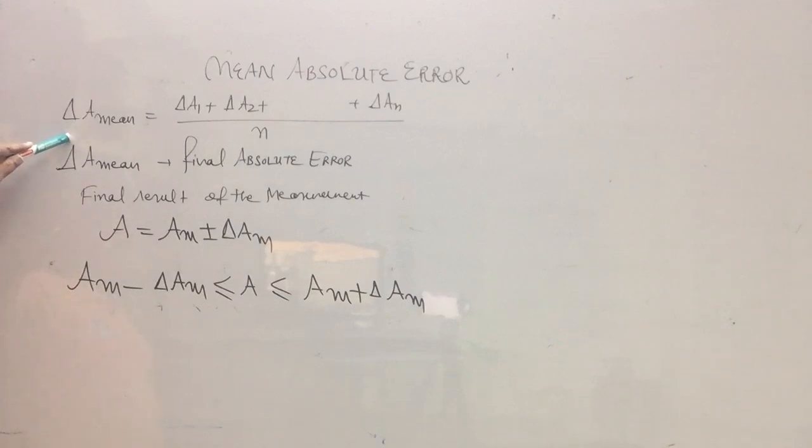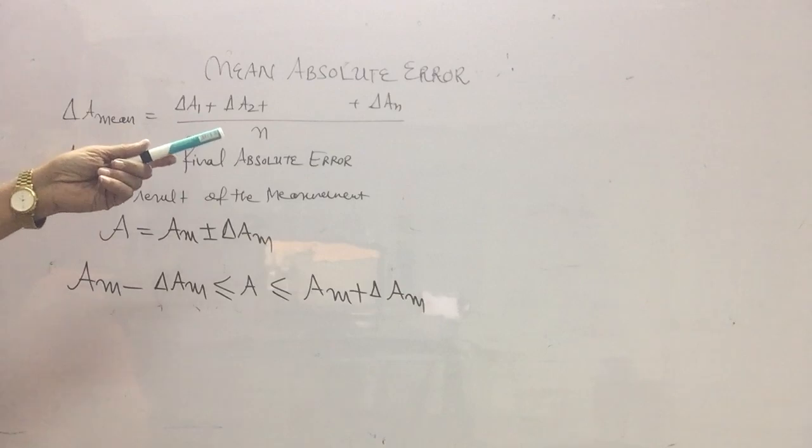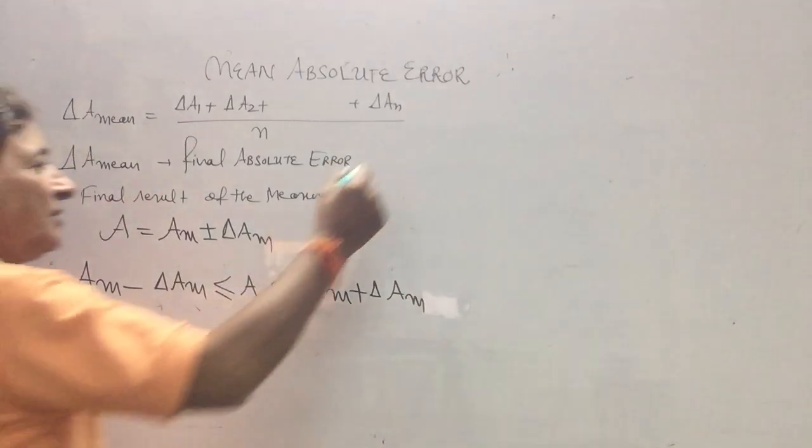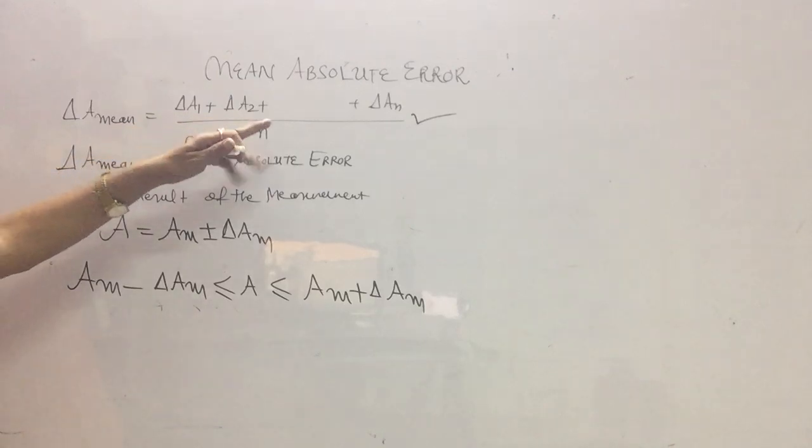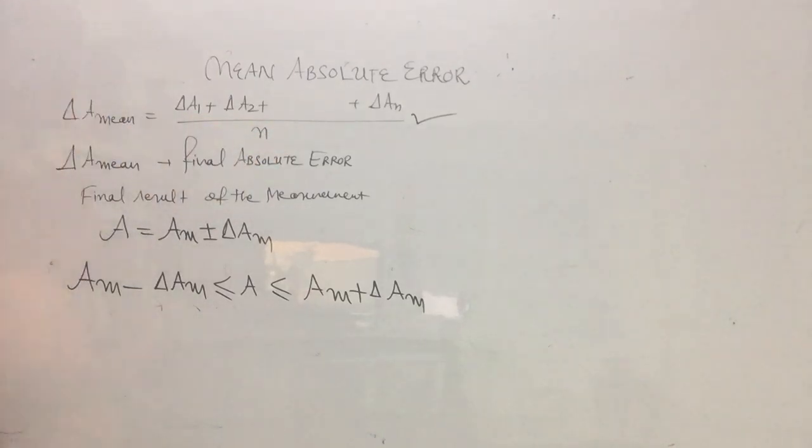It is the arithmetic mean of all the absolute errors, which is delta A1 plus delta A2 and so on to delta AN divided by N. Then students, delta A mean is the final absolute error.